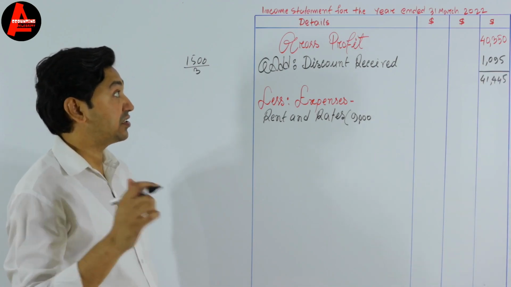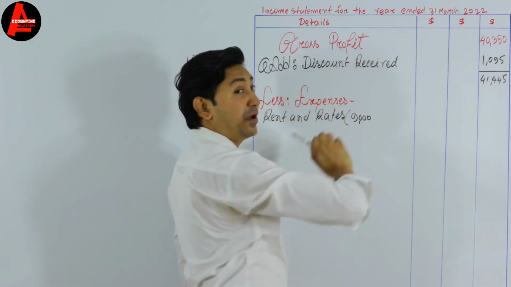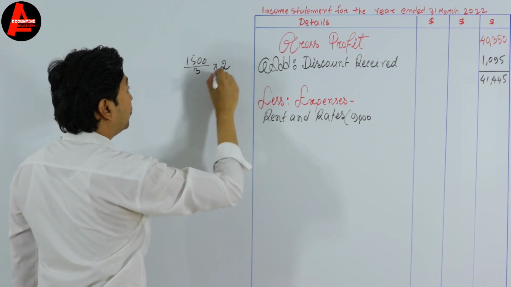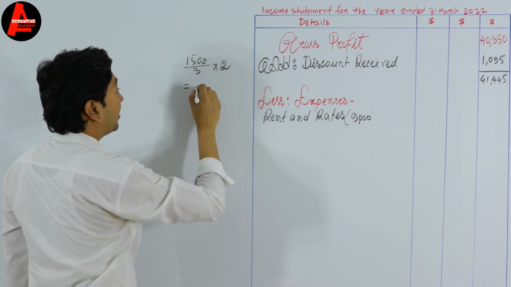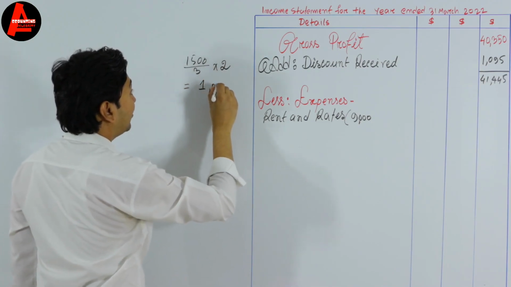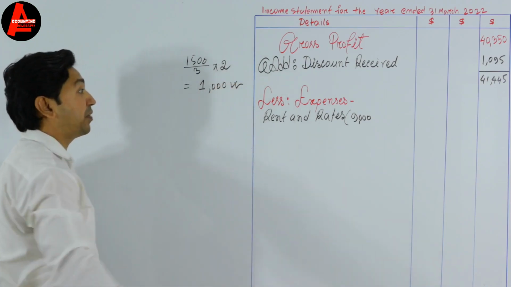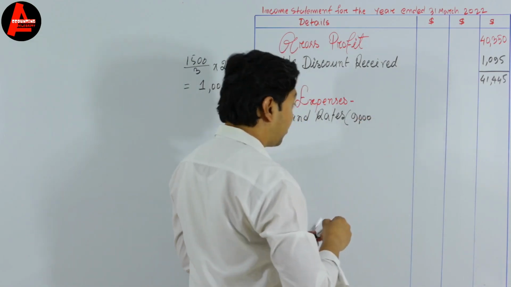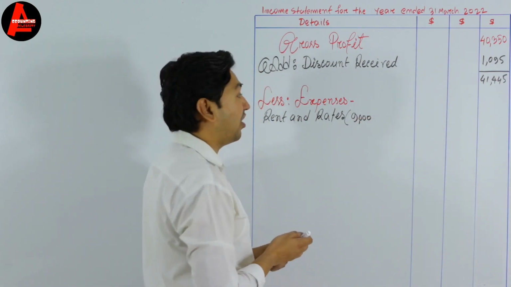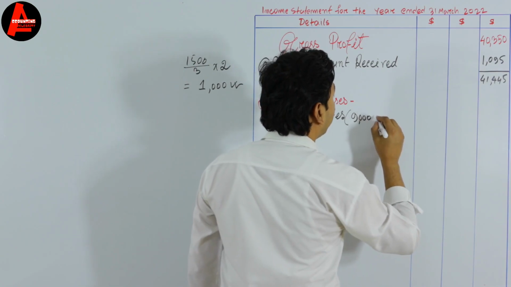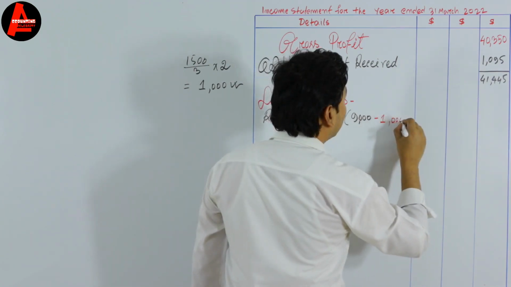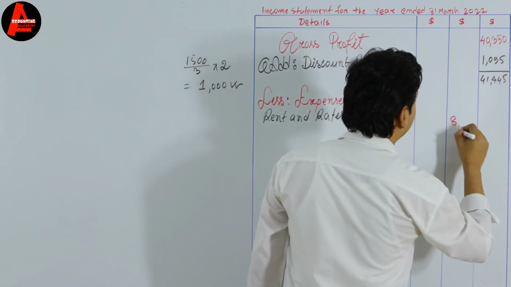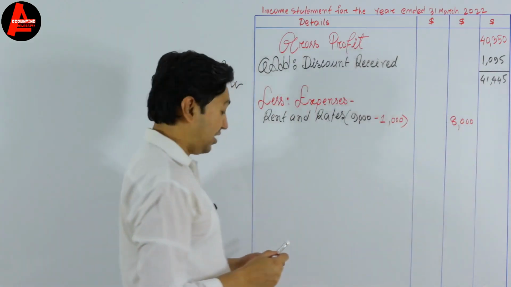Okay, March is in the accounting period. Okay, so here we will multiply by 2. Okay, so what you get here? We get here $1,000. This amount is paid in advance. Okay, so we will subtract this amount from $9,000. Okay, so let us write here minus $1,000. So if we subtract, we get here $8,000. Okay, great.